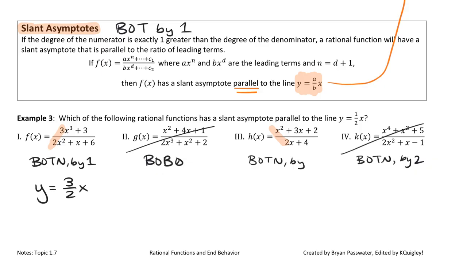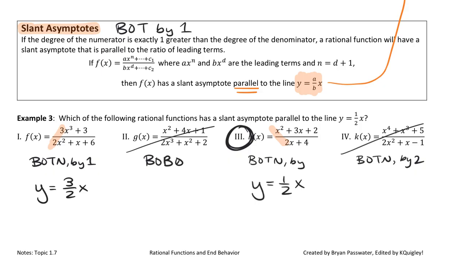Number 3, what would it be parallel to? Y equal to 1/2x. So which one actually answers the question that we want here? The third one. This is the one that actually has that correct behavior for my slant asymptote being parallel to 1/2 x.